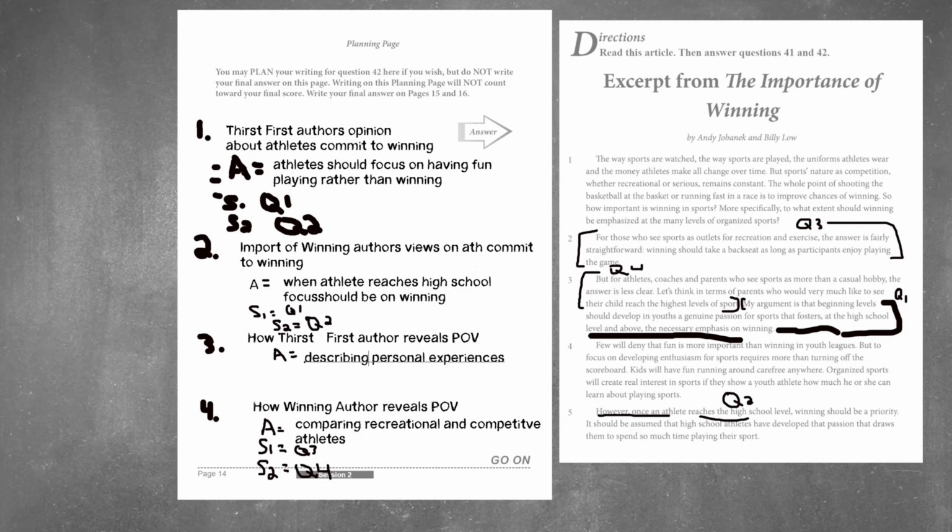So describing personal experiences is just as good, probably better. And we know that we found Q3 and 4. So our support 1 equals Q3 and support 2 equals Q4.